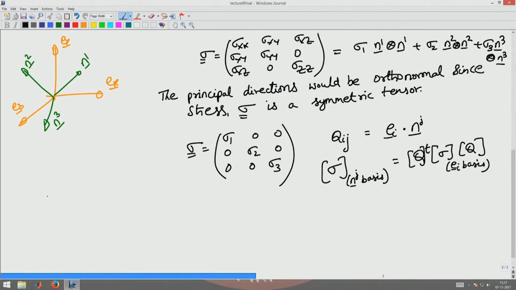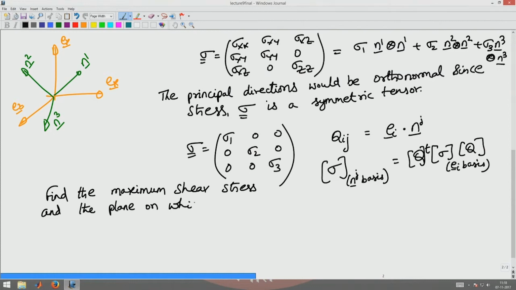Okay. So, I am interested in finding the maximum shear stress and the plane on which it occurs.